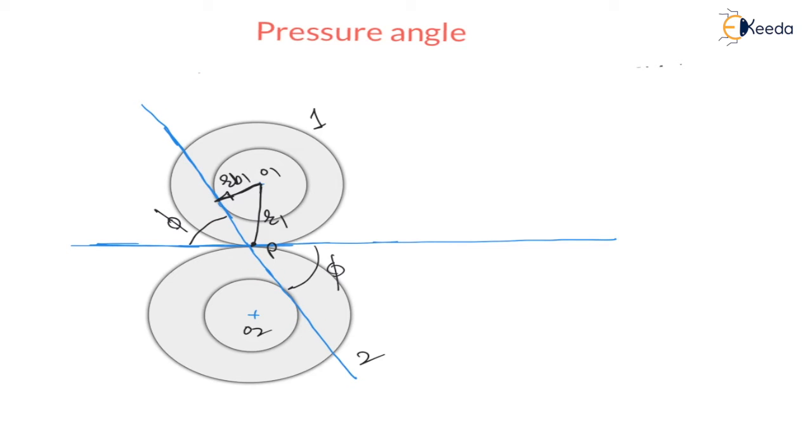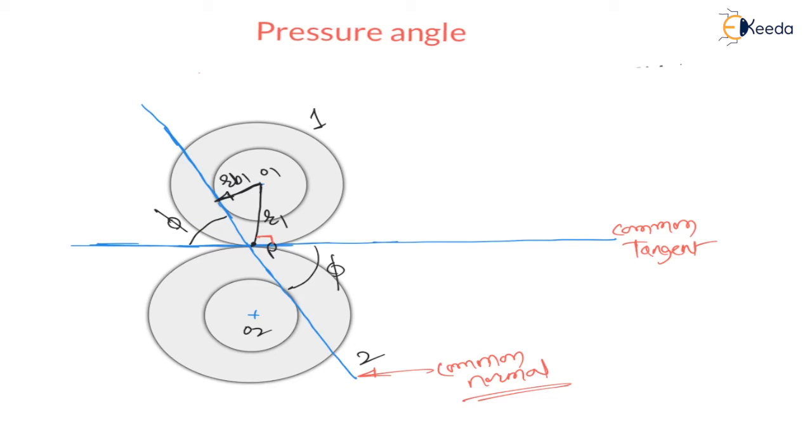Therefore, definitely the radius is always perpendicular to the tangent. Therefore, R1 is perpendicular to the common tangent, and RB1 is perpendicular to the common tangent to the base circle, or common normal at the pitch point. The common normal at the pitch point is also the common tangent to the base circle.